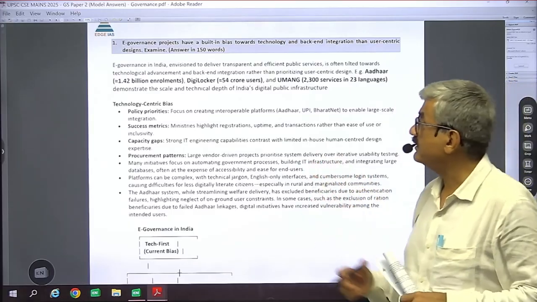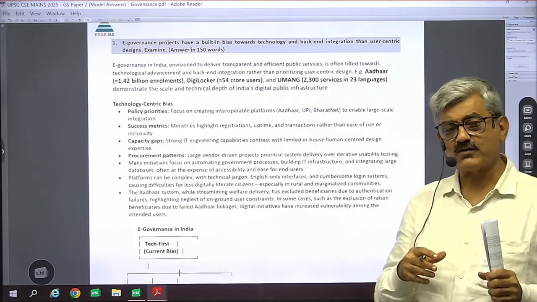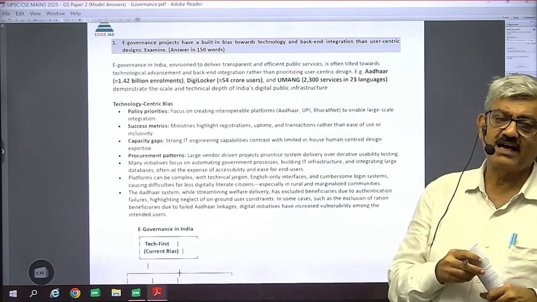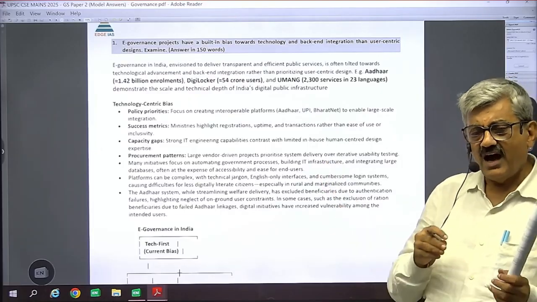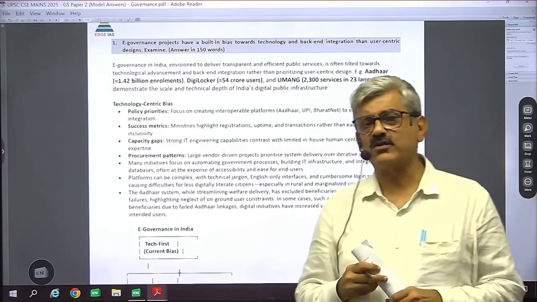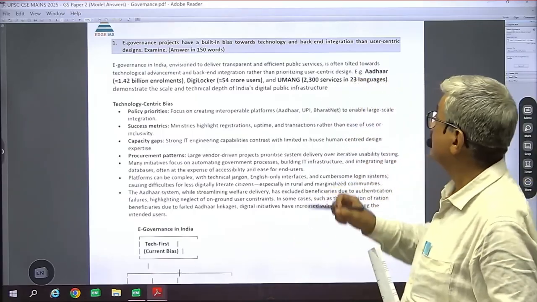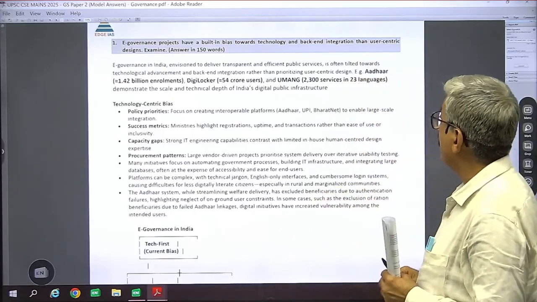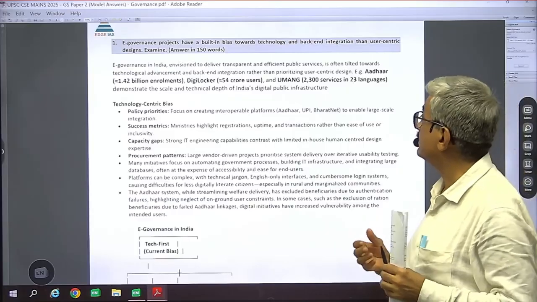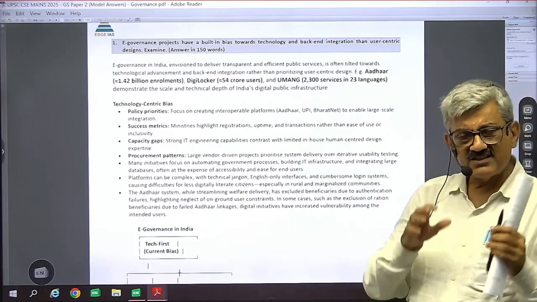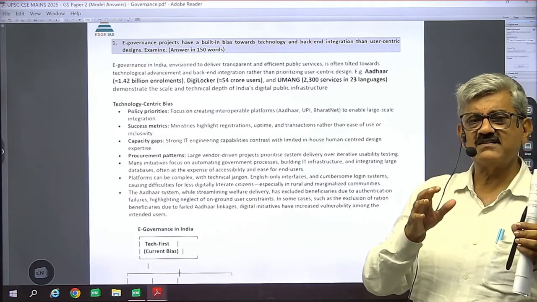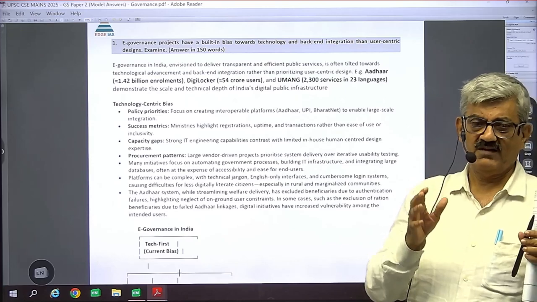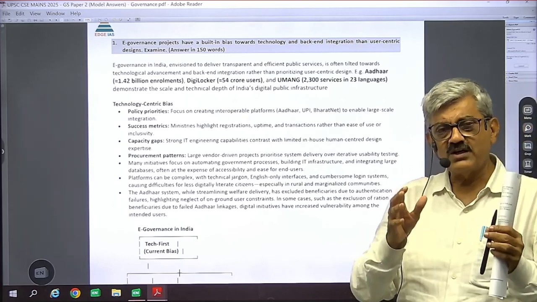So this time the e-governance portion has been covered under this question, and the focus is on technology: whether e-governance projects have a built-in bias towards technology-loaded programs rather than user-loaded programs.